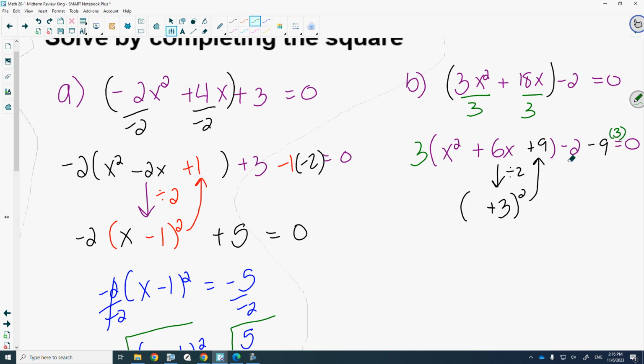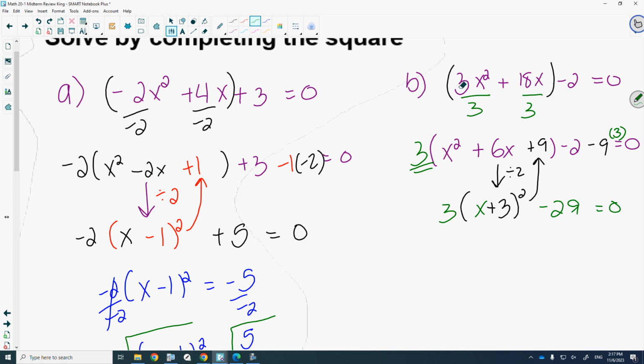This would be negative 2 minus 9 times 3, so negative 2 minus 27. That would give you negative 29. Put an x here and bring down that 3. We've just converted from expanded form into vertex form.